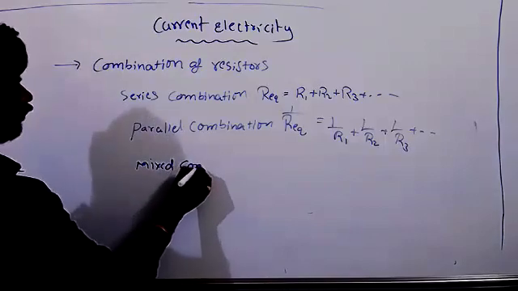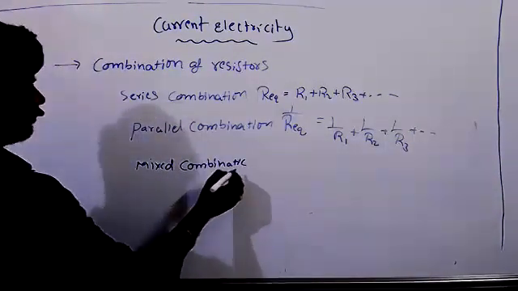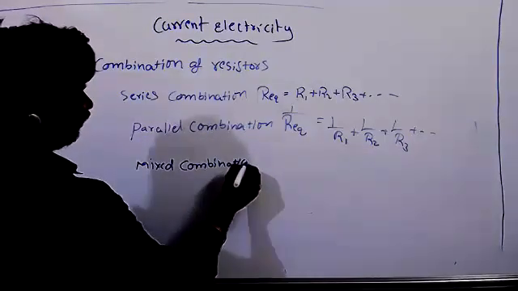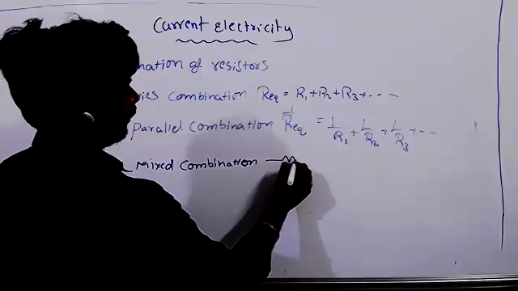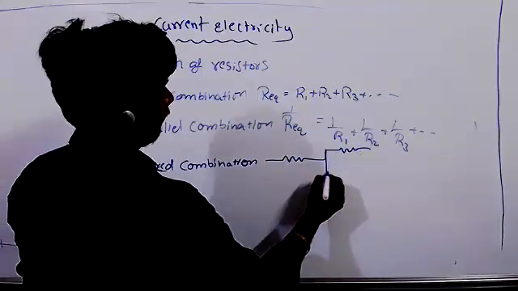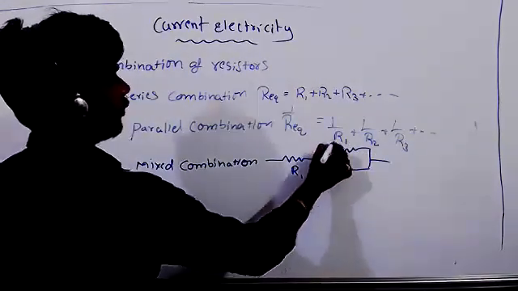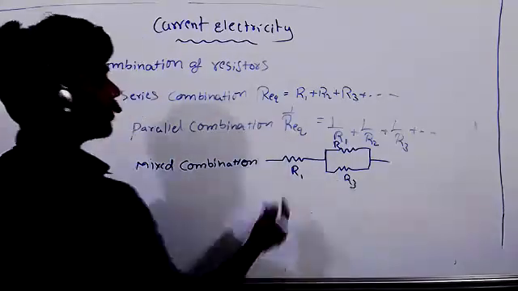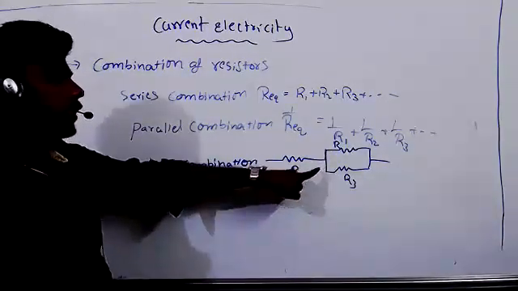Mixed combination, like here R1, R2, R3. Here a parallel combination is there. If you solve these two resistors, you will get the series combination.